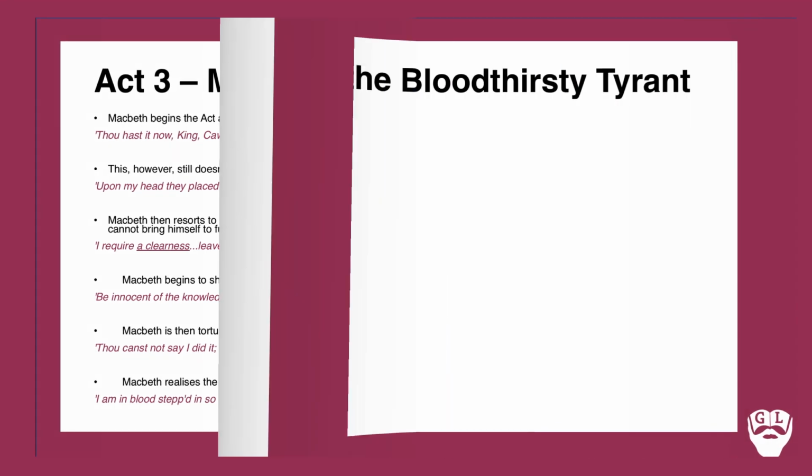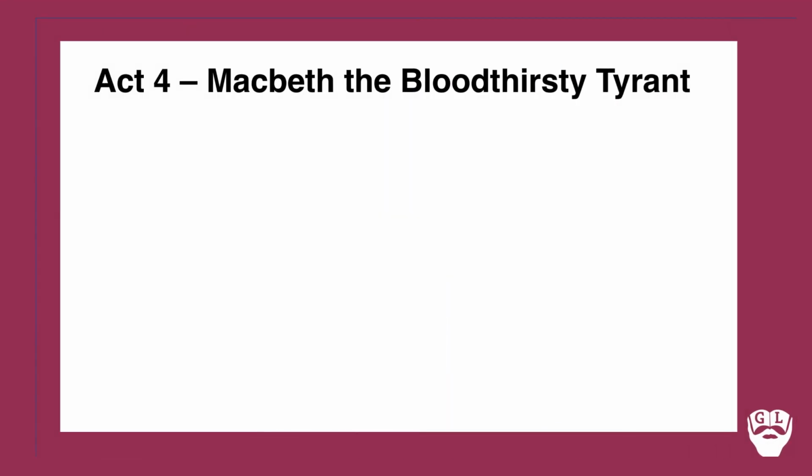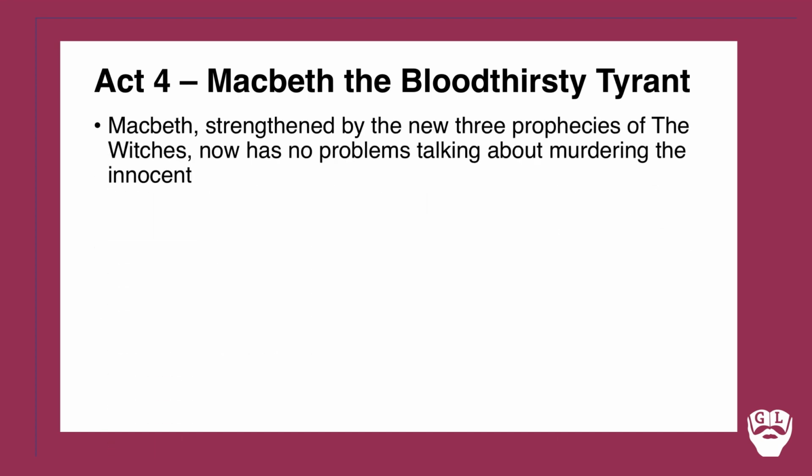Now, as we continue into Act 4, Macbeth becomes this bloodthirsty tyrant. He has become at the peak of his powers. He starts to lose people, lose friends, and people who are co-conspirators to him, like Lady Macbeth that we just mentioned. And strengthened by the new three prophecies of the witches, when he visits them in the first scene, he now has no problems talking about murdering the innocent.